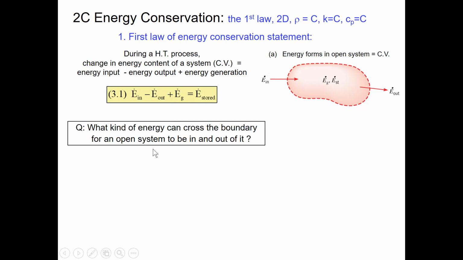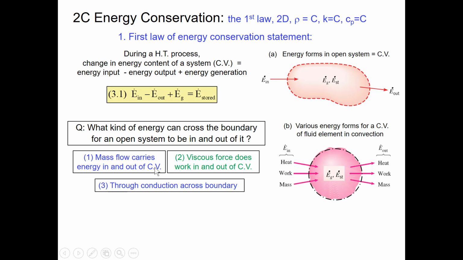But the question is, what kind of energy can cross the system boundary? Because there are so many different energy forms. For convection, the answer is that.